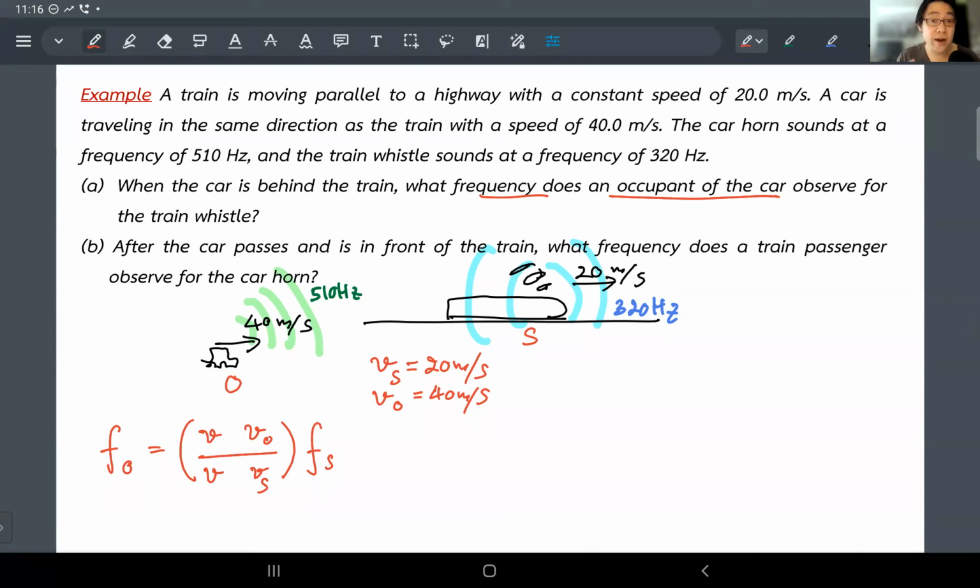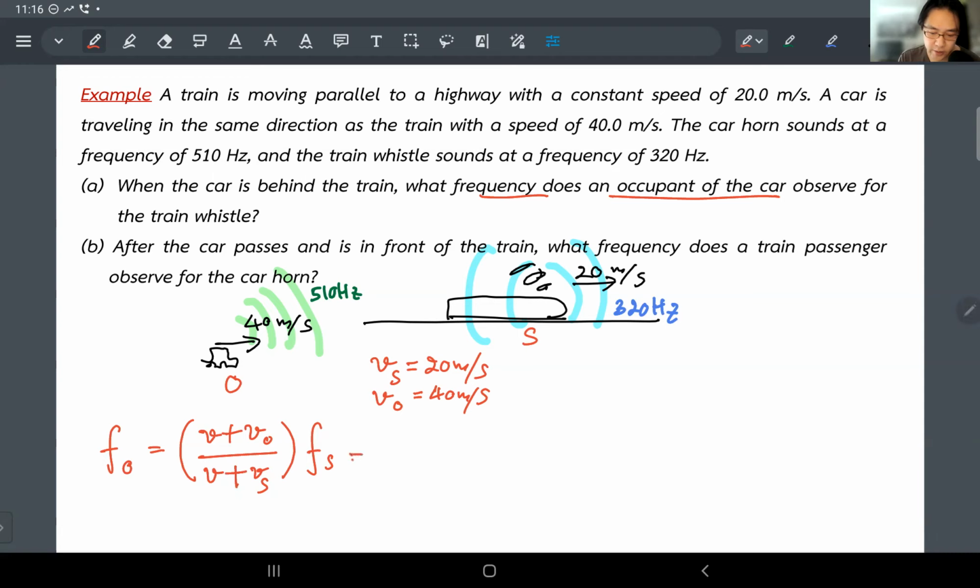The observer is running toward the source, so the frequency is supposed to go up. That's plus. With me? Now the source is running away, so the frequency is supposed to drop, but because it's underneath, you just go plus. Done. Cool.